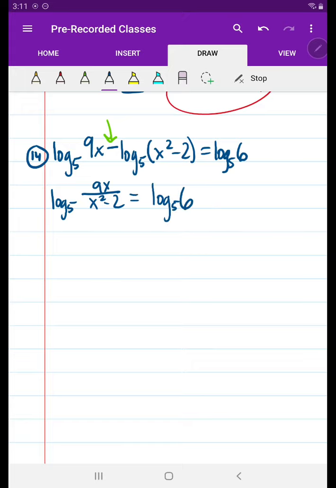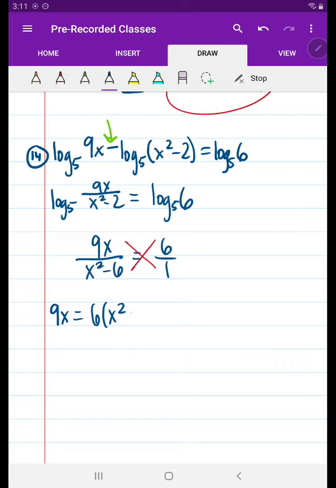So now I have one log base 5 on either side of the equal sign, so I can get rid of that. And so then I'll have 9x over x squared minus 2 equals 6 over 1. And so what I could do here is cross multiply to solve this. So if I cross multiply, I get 9x is 6 times x squared minus 6. Right?